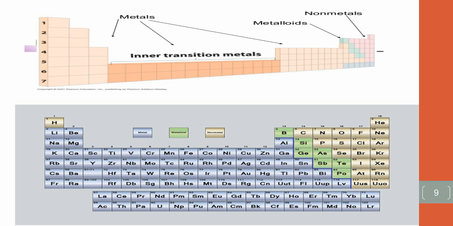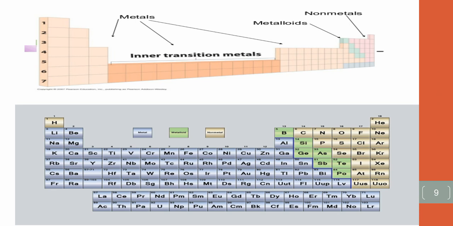नेक्स्ट जो है एक और जो क्लासिफिकेशन है जो एलिमेंट्स की जाती है in periodic table, it's based on the metallic character. So the elements on the left hand side and in the center and at the bottom of the periodic table except hydrogen, these are metals, and all of you know that the metals have some specific properties which differ them from non-metals.